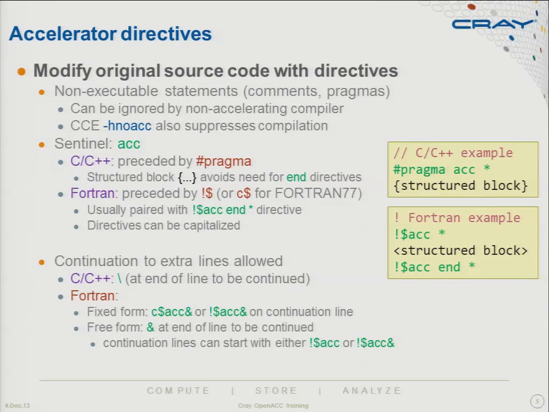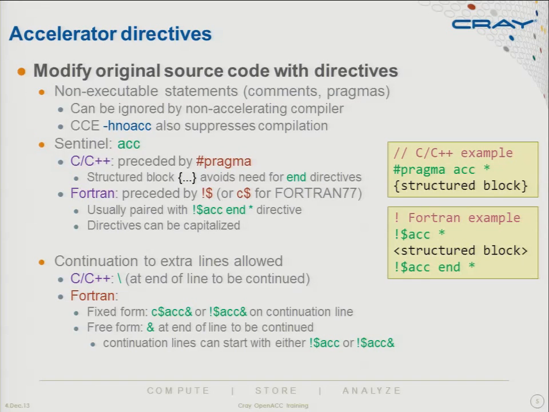So how does it work? The idea is you put comments in your code which give hints to a compiler. They're comments, so if the compiler doesn't support OpenACC, or if you tell it, I don't want to compile the OpenACC part of this, it will produce code that runs on the CPU. These are specially formatted comments.